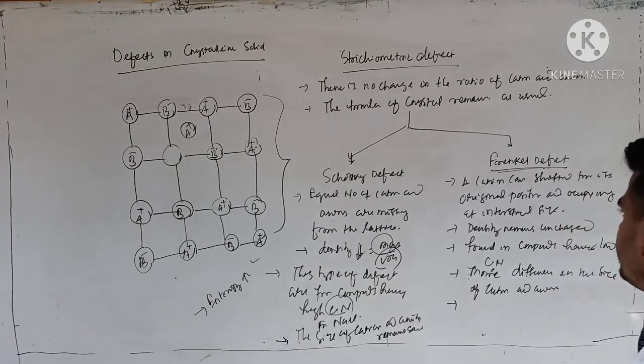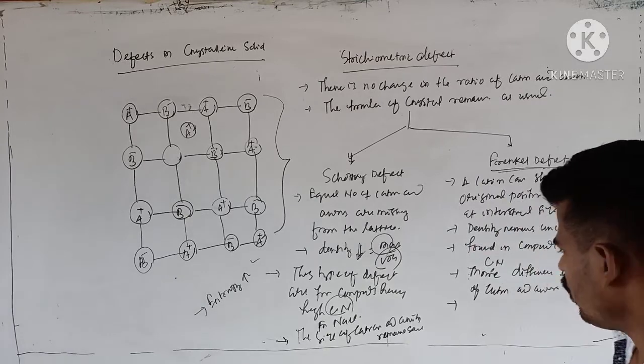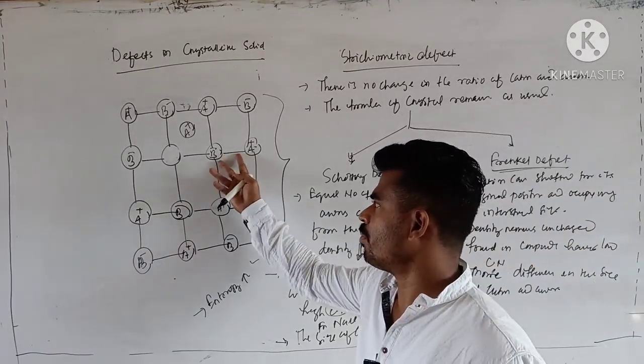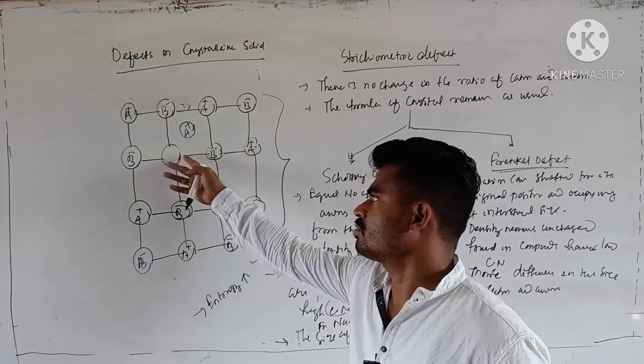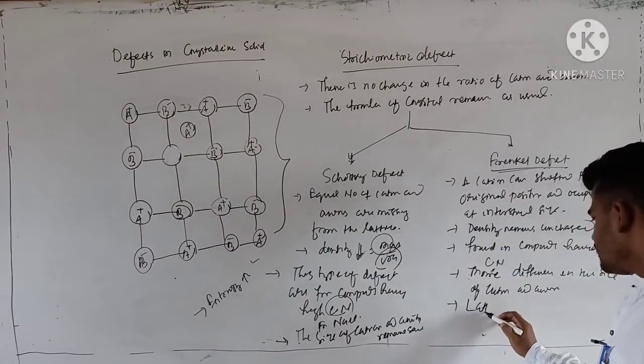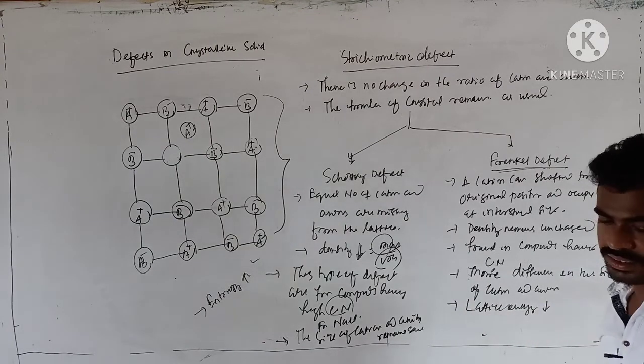Next, in case of Frenkel defect, what happens? There is a loss of lattice energy, because here oppositely charged ions are nearer to each other, and due to this the interaction vanishes, so lattice energy decreases.